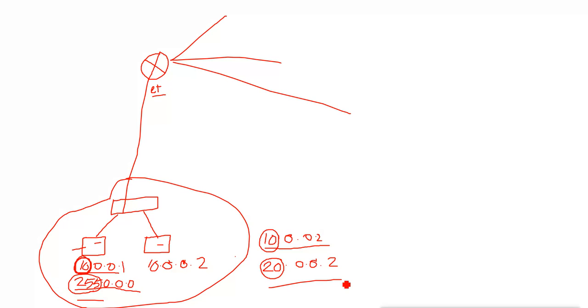Now when we configure the gateway IP on our machine, the machine knows where the gateway is, and that is this interface, this router. The machine knows that this is not my network and I cannot find it in my network, so I have to go outside of my network, and for that I know the gateway.